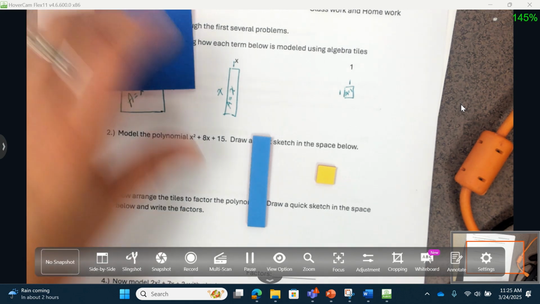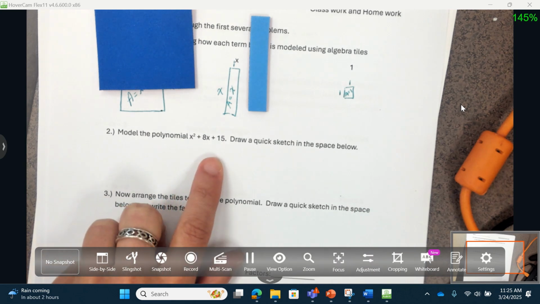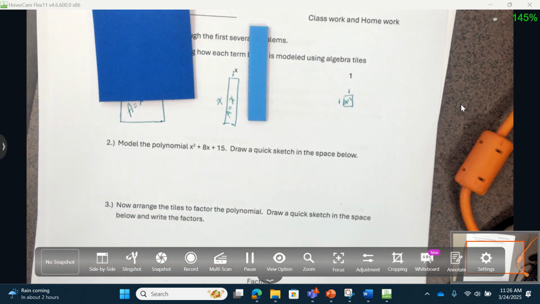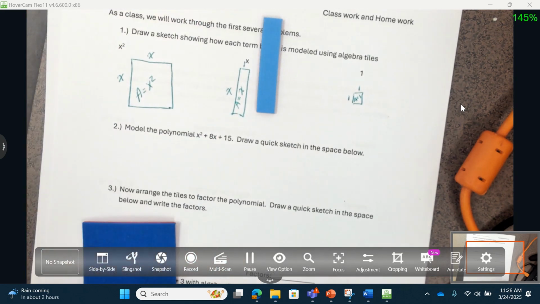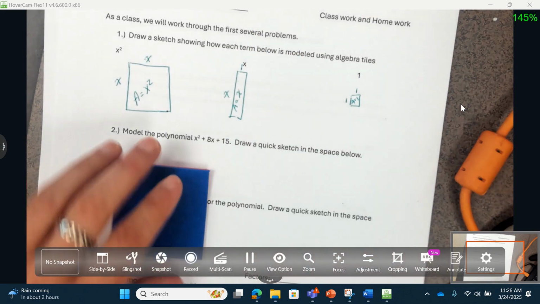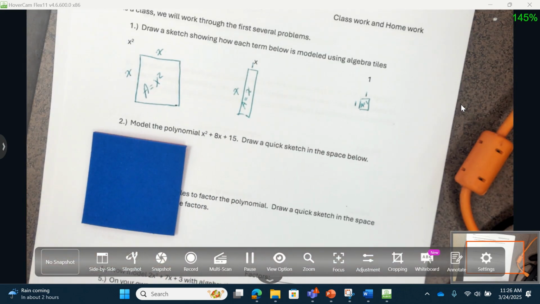So the next step here is model the polynomial x squared plus 8x plus 15 and draw a quick sketch in the space below. So what we'll do in class is something like this. Each student has their set of algebra tiles, and we want to model x squared, and then we want 8 x's.